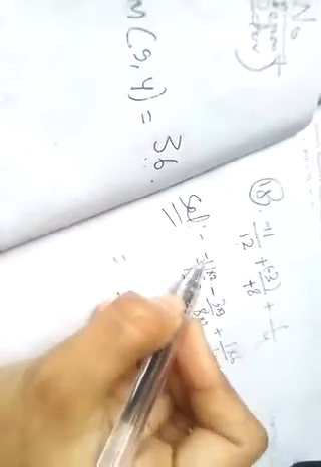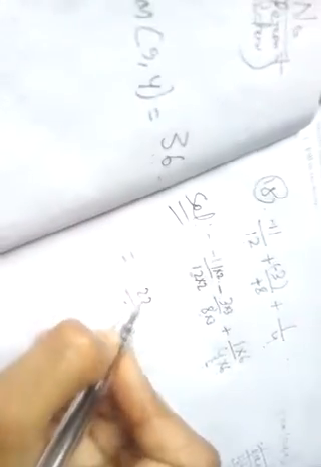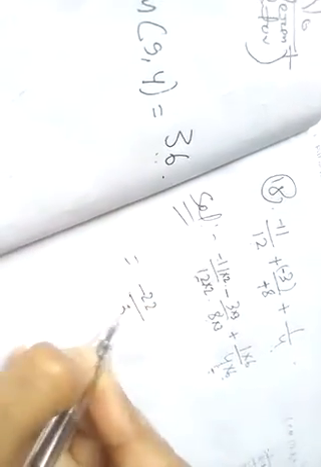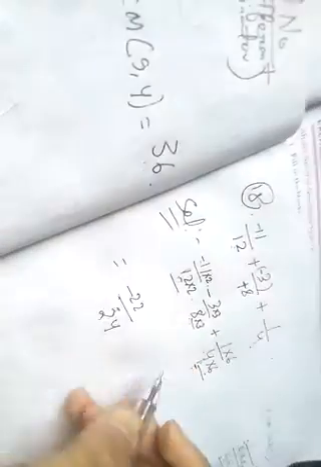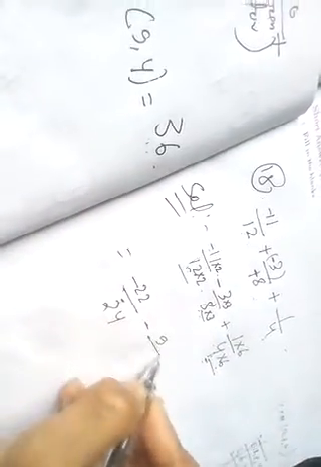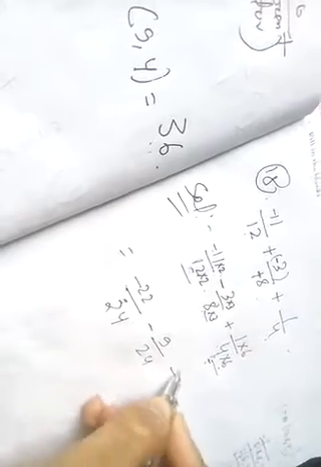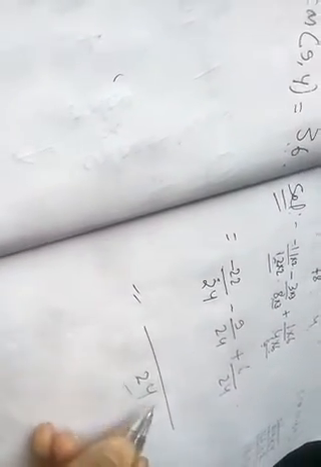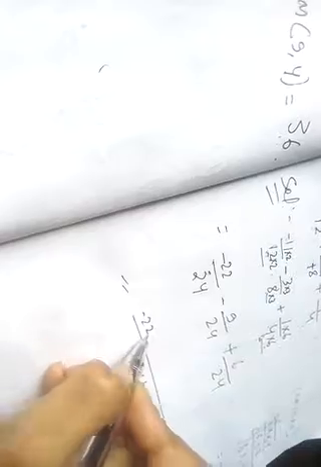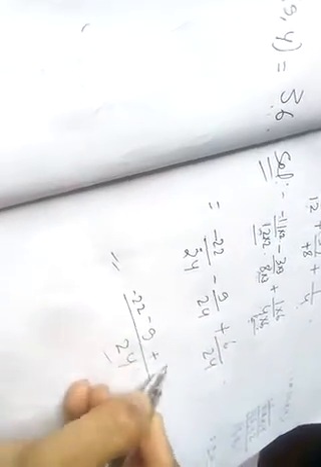Okay, now let's solve this question. Minus 11 2s are minus 22 by 12 2s, of course it will be 24. Everyone will have the same denominator. Okay, now 3 3s are 9, 8 3s are 24, plus 1 6 is 6, 4 6s are 24. Now you get the same denominator, so I'm writing it one time. So minus 22 minus 9 plus 6.